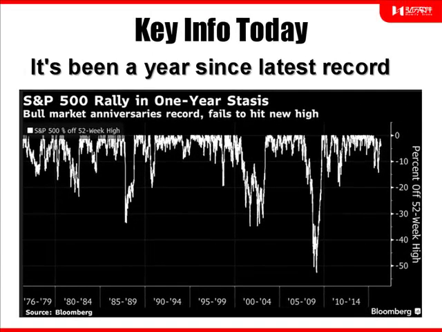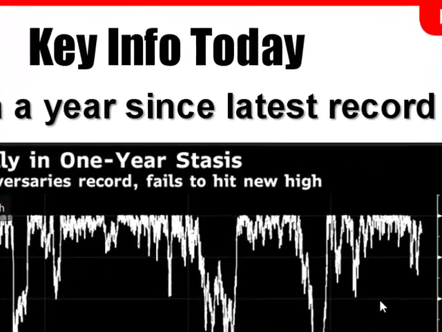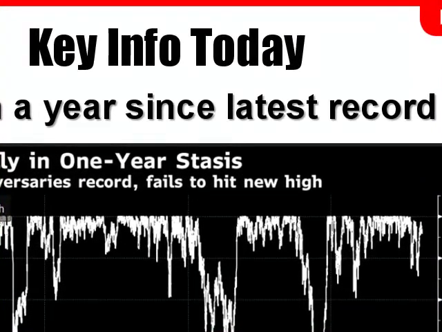From this chart, you can see it very clearly. The S&P 500 rose over the last 5 days, halting a 3-week slide that had been the longest since January.